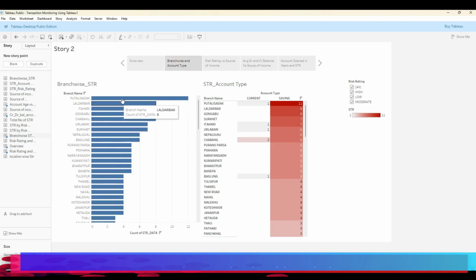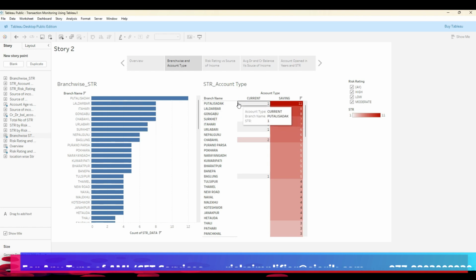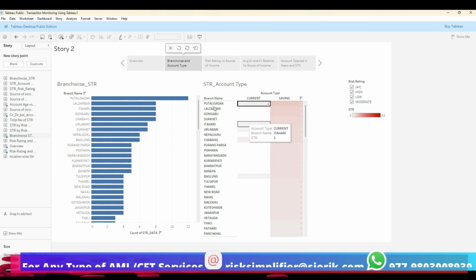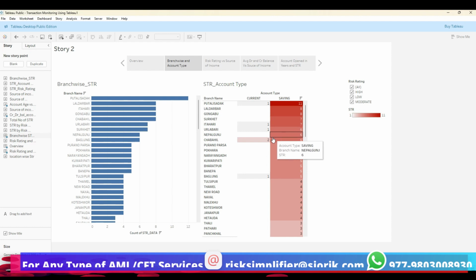So here you can see these are the branches in the Kathmandu region which have filed those high numbers of STRs. And in the chart on the right hand side, we can see in which accounts these branches have filed high numbers of STRs. Okay, we can see the breakdown very easily from this dashboard.